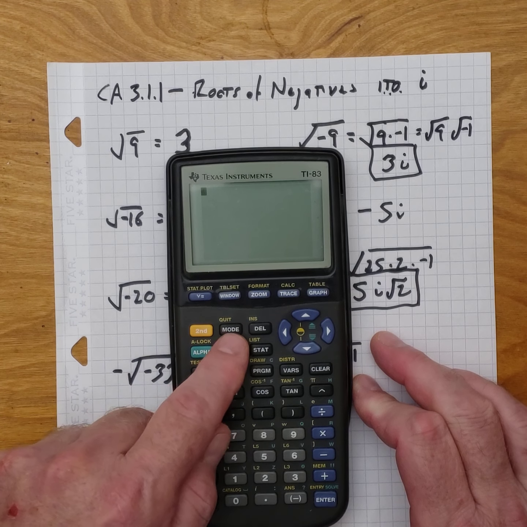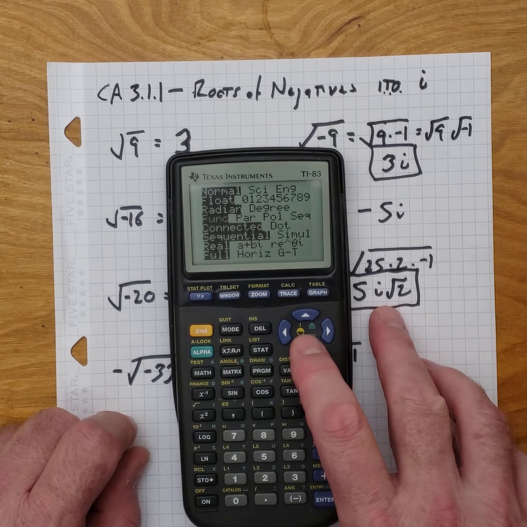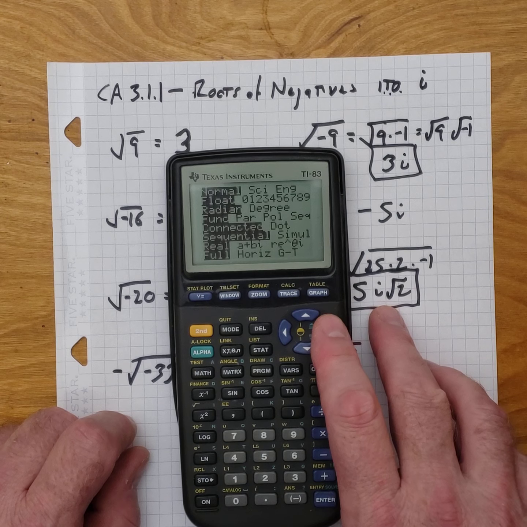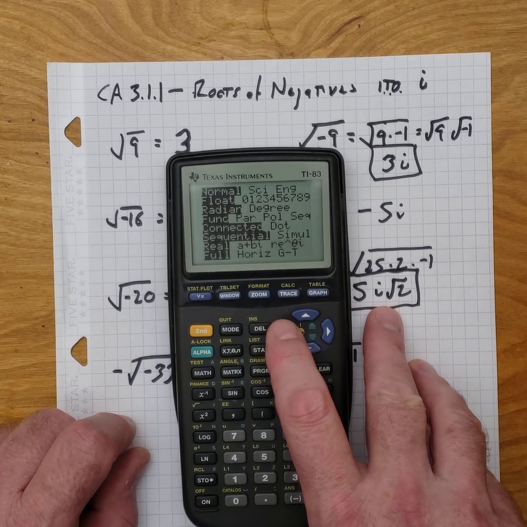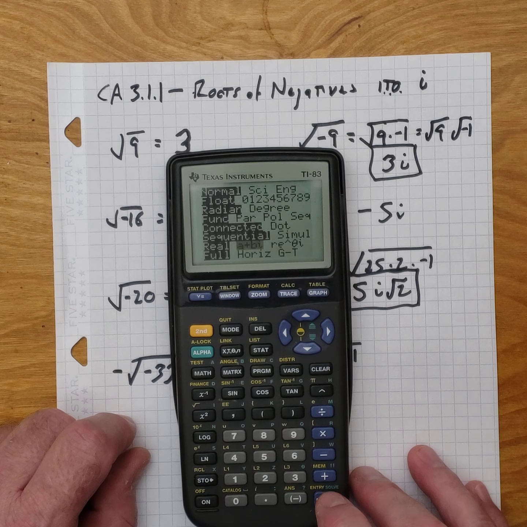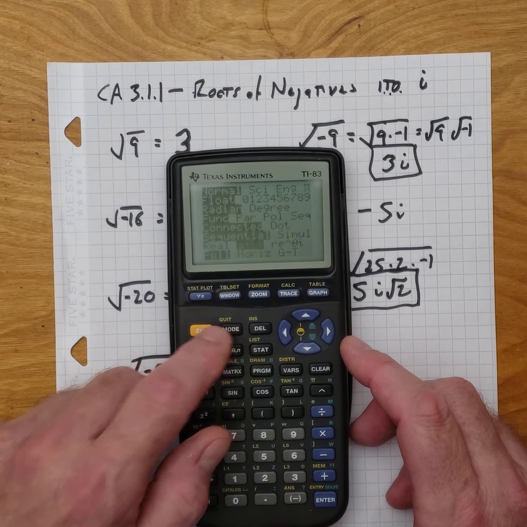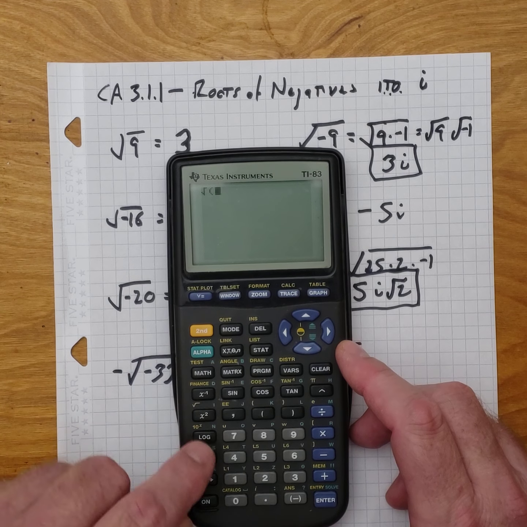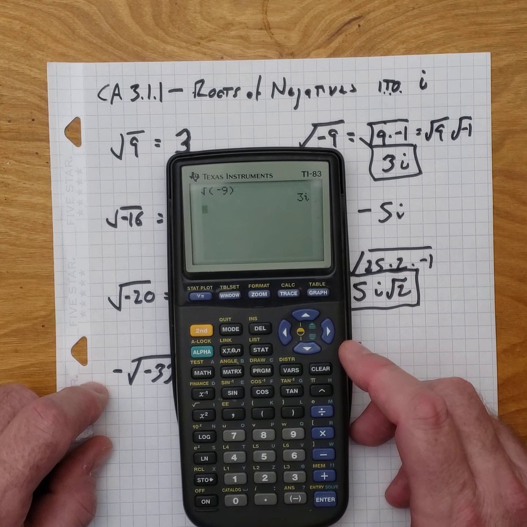So what we want to do is go to mode and arrow down to where it says real, a plus bi, or re to the theta i. You don't want to mess around with that. That's math major territory there. So select a plus bi, and we can go back to our home screen and try again. The square root of negative 9, and it'll tell us that it's 3i.